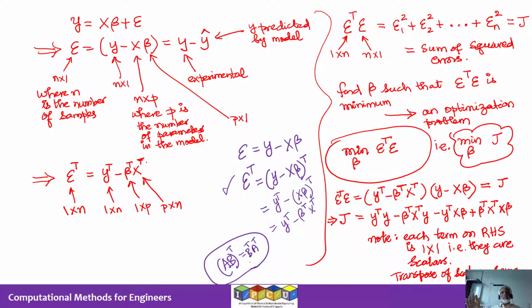And if you look at the dimensions, because epsilon is n by 1, epsilon transpose will be 1 by n, because the column vector will become a row vector when you transpose it. So it's not surprising that epsilon transpose is 1 by n. And on the right hand side, y transpose is also going to be 1 by n, because y is n by 1. Therefore, y transpose will be 1 by n, minus beta transpose. If beta is p by 1, beta transpose will be 1 by p.